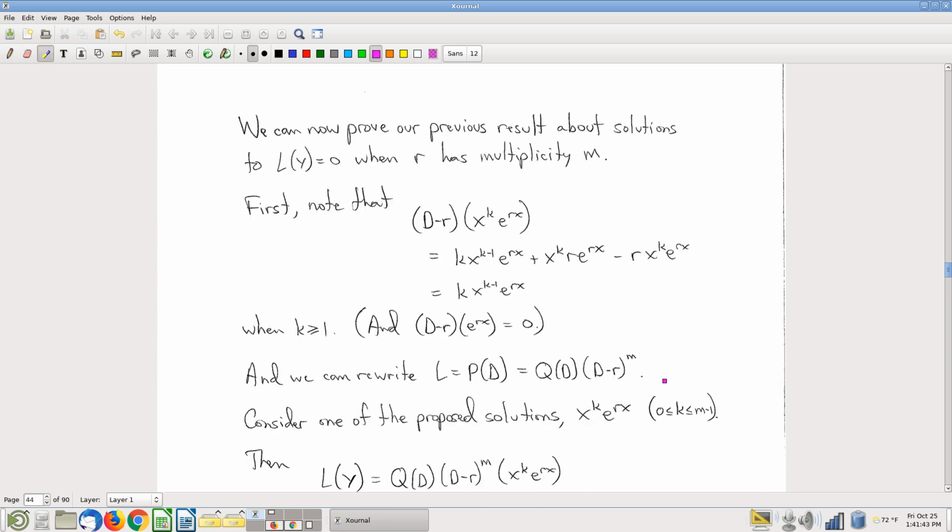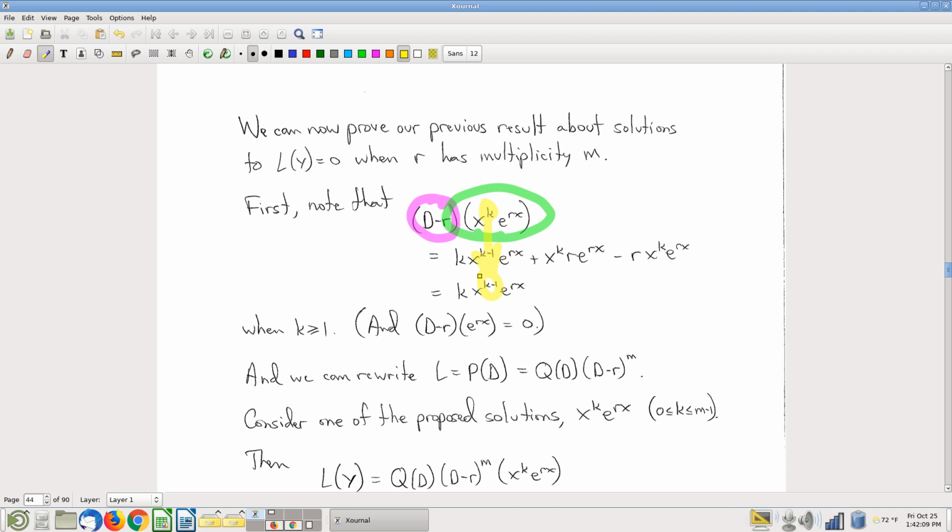The next thing we did, reminder, and of course a quick corollary, a little aside: the d minus r operator does something very specific to functions like this. Namely, it takes this k and reduces it by 1. That was a neat observation. It pretty much preserves the form of functions that look like that.